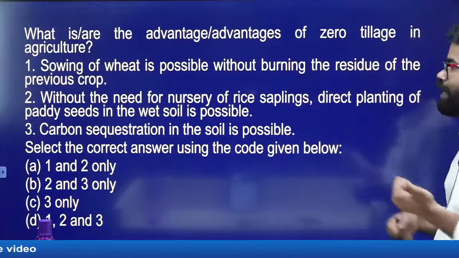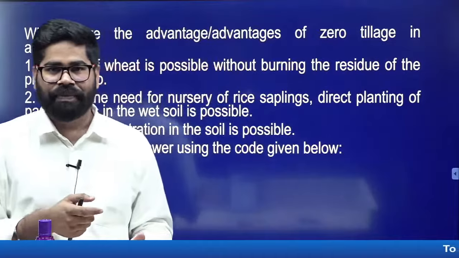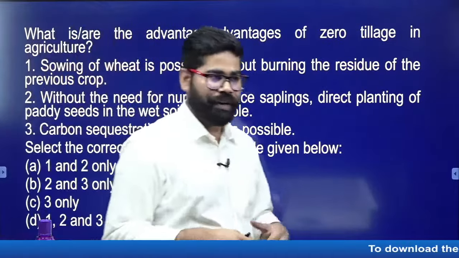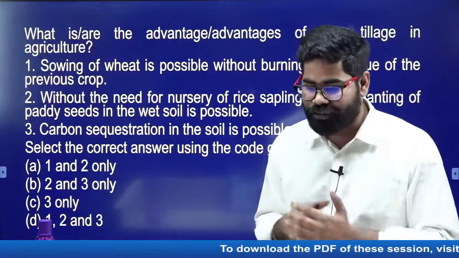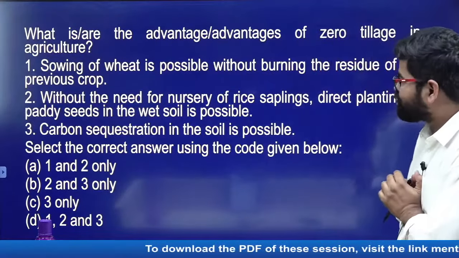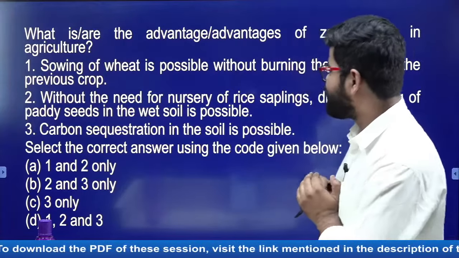In case of zero tillage agriculture, zero tillage means where we are not tilling the land, and we are simply going for crop production. We are having minimum tillage of the land. In that case, what can be the possible advantages? So can you tell me what can be the possible advantages of this?